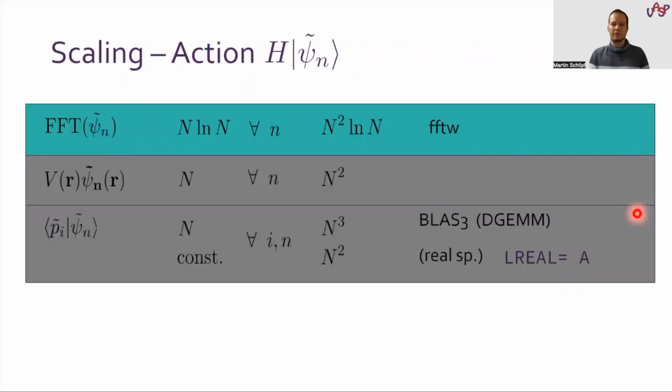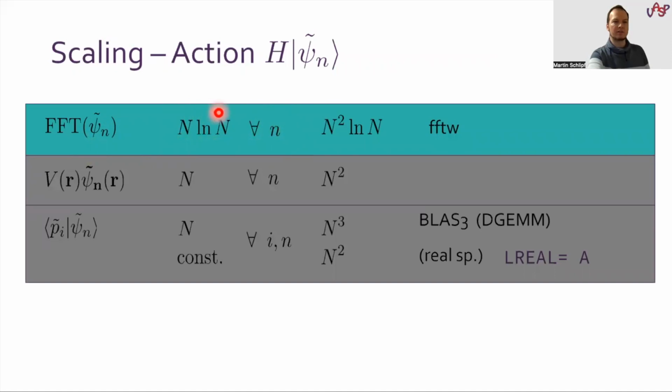So the fast Fourier transform, which is the cornerstone of the plane wave code, scales like the system size times the logarithm of the system or the grid size. And because we need to do this for all orbitals, this gets an additional factor of the system size.